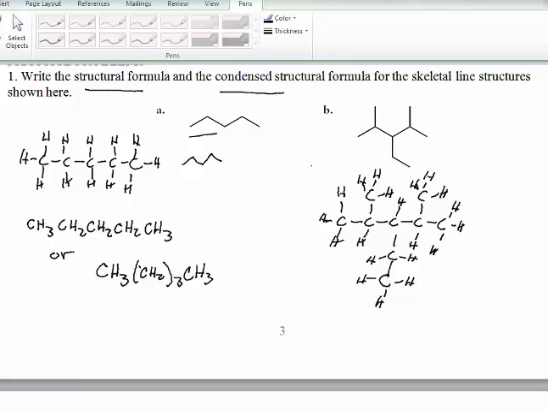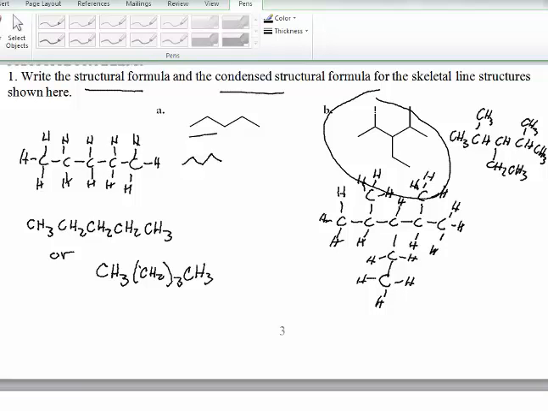That's the expanded structural formula. The condensed would be CH3, CH, CH3, CH, CH2, CH3, CH, CH3, and CH3. So it's much quicker to draw the condensed, certainly even quicker to draw the skeletal line structure.